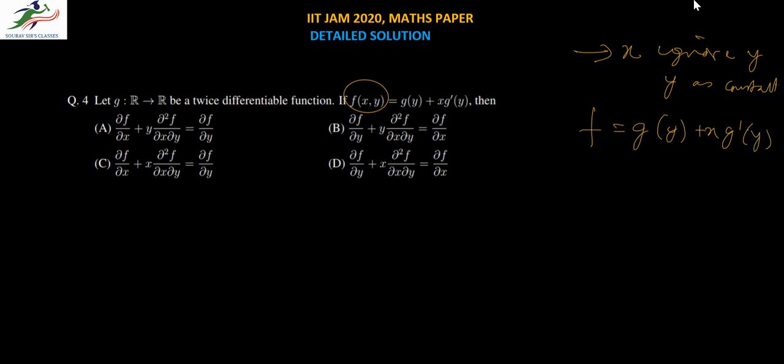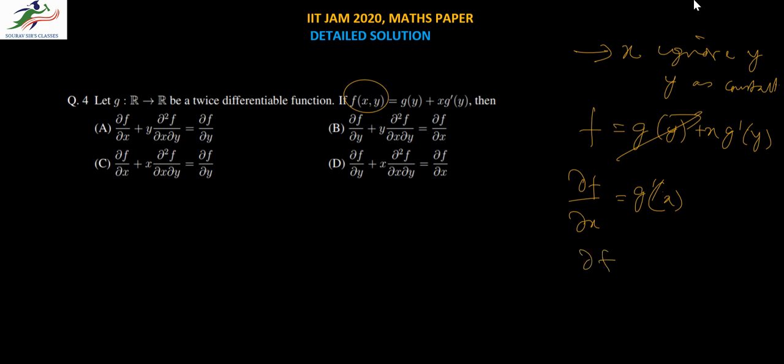So obviously when we differentiate this with respect to x, we'll only treat x as the variable and y as the constant. So the first term goes off and we'll just treat it as g dashed y, and d/dx of x is 1, so that remains.